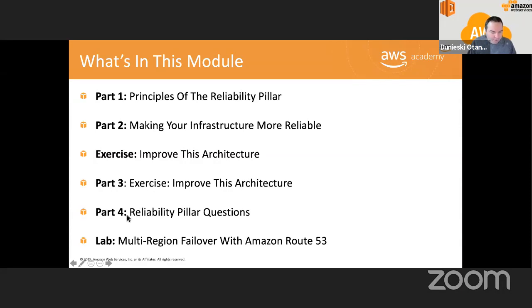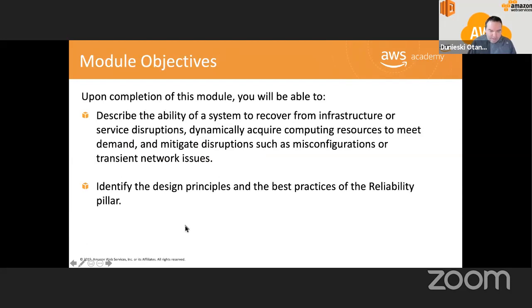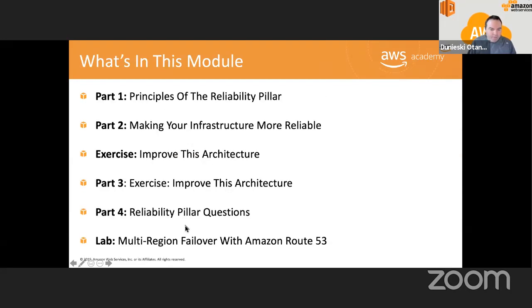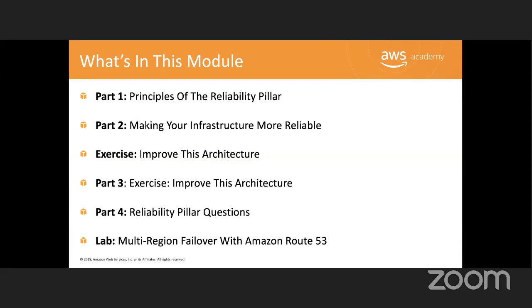Part four, we're going to see reliability pillar questions like we always do. And then the lab was already done by you guys. Am I right? Did you do this lab? Multi-region failover? Yes. Okay, good.